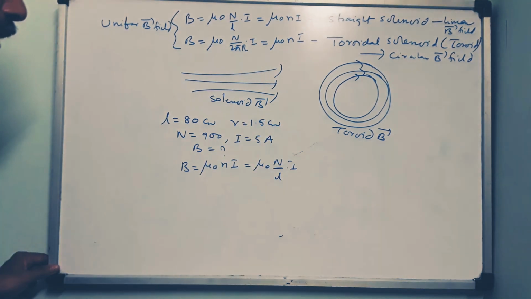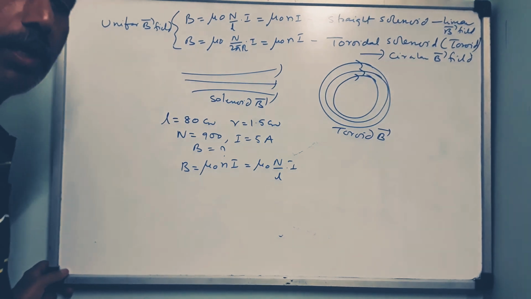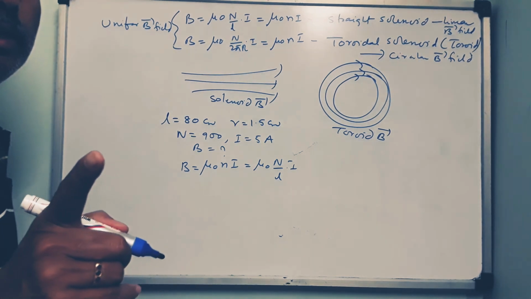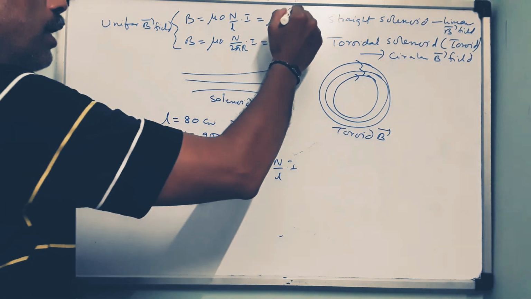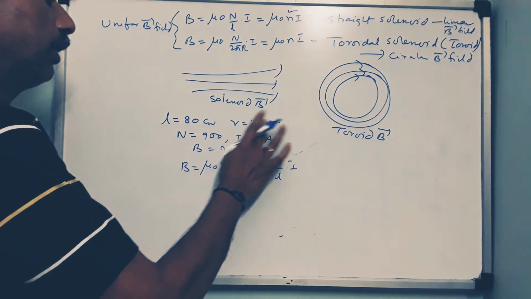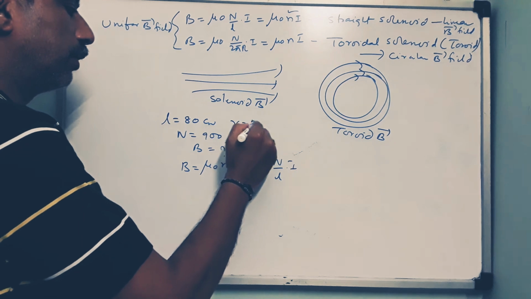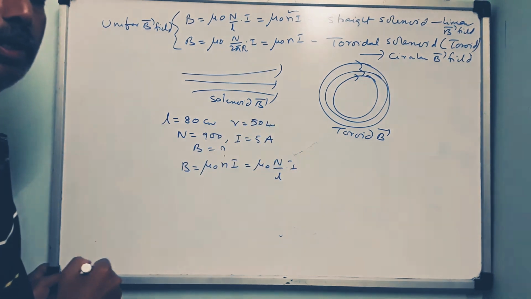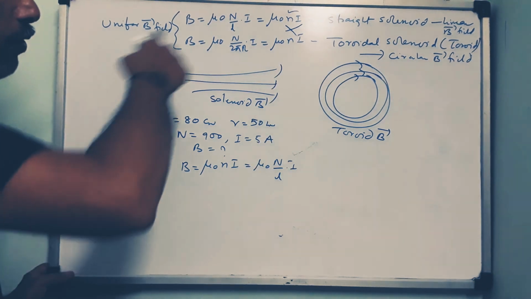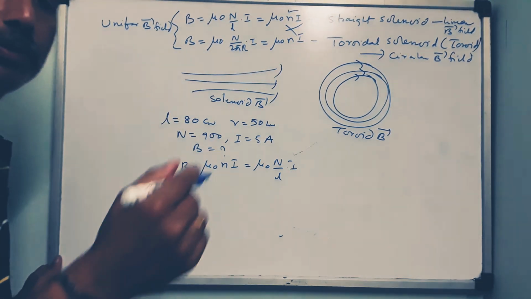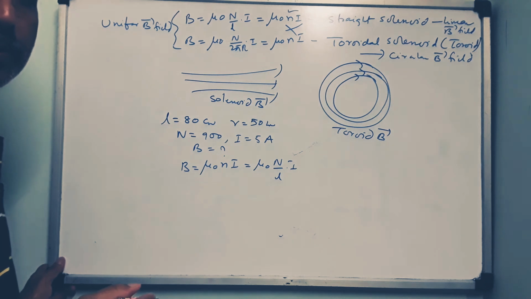So here the radius matters nothing. Radius matters only for the consideration of the equation, that is B equals mu naught N into I. For example, children, if it is given in the problem that it has a 50 centimeter radius, then this formula you cannot apply. We derived this considering that the length of the solenoid is large as compared to its diameter.